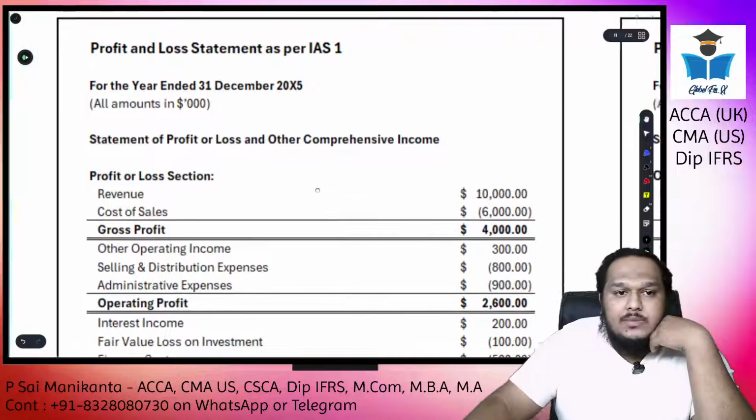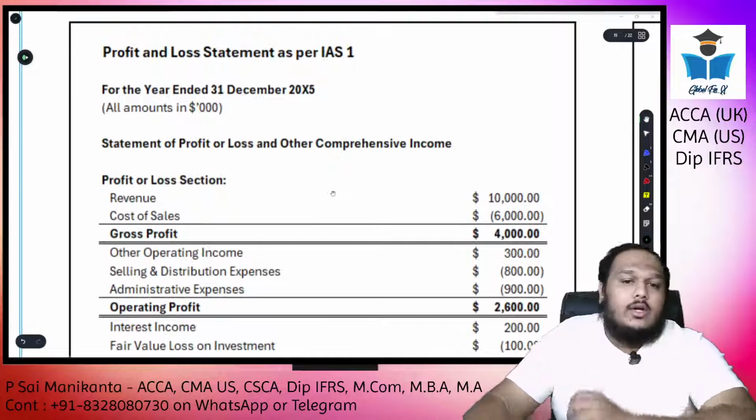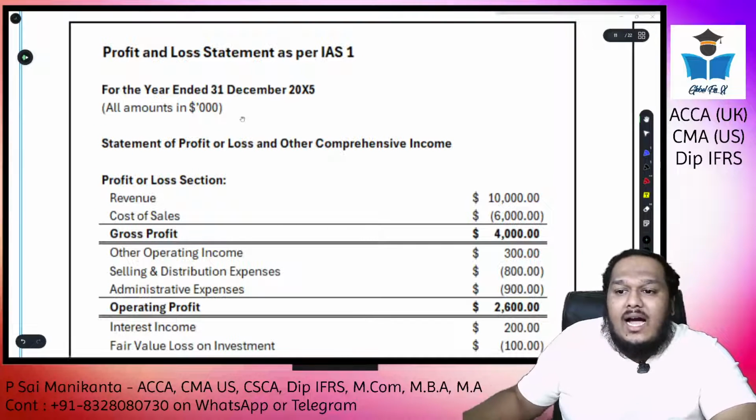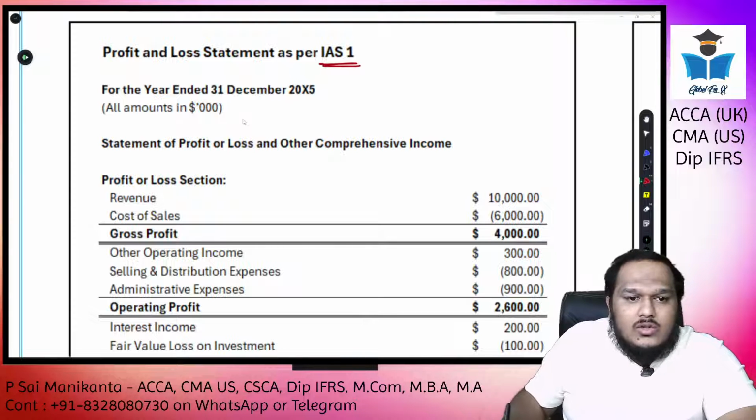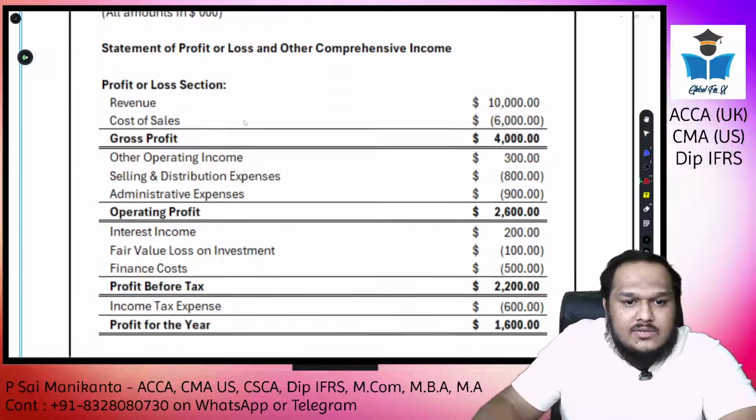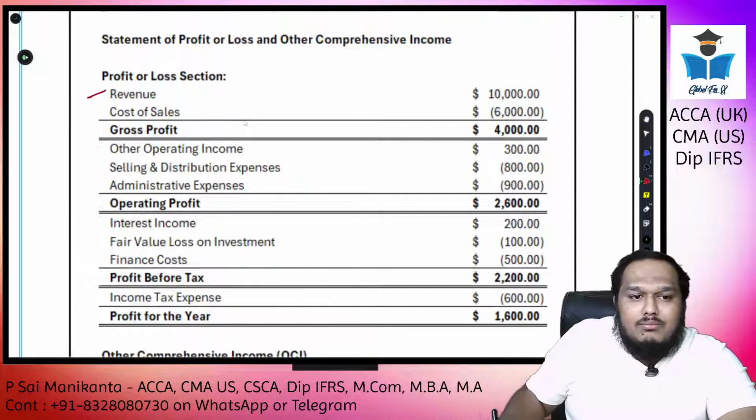It's clear. Okay, so this is as for IAS 1. Be very careful, IAS 1. This is not IFRS 18. For the financial year ended 31st December 2025, the statement of profit and loss and other comprehensive income: you have revenue minus cost of goods sold, gross profit, plus other operating income, minus selling and distribution, minus administrative expenses.